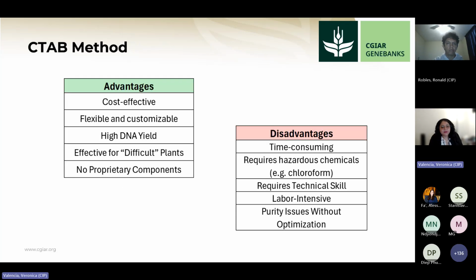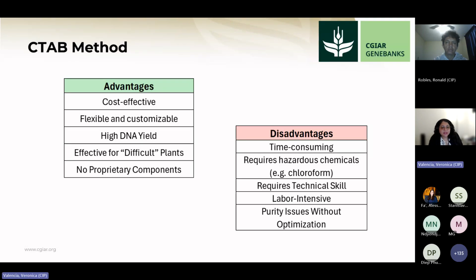So the CTAB, the classic protocol, the first advantage is that it's very cost effective, because it uses inexpensive and widely available chemicals, and is ideal for large scale, or if you have a low budget, it's always good to have reagents to do CTAB.